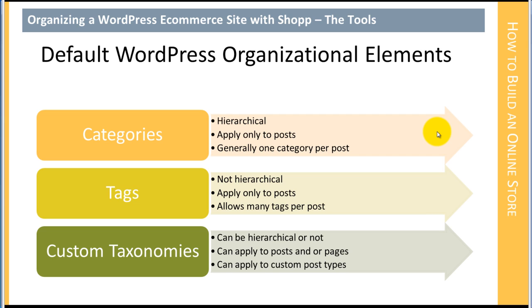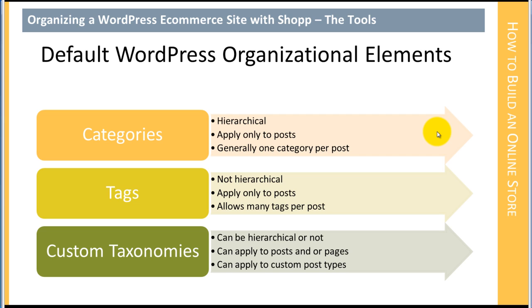And generally speaking, you assign only one category to a post. Theoretically, you can assign more, but WordPress doesn't necessarily return the result that you expect when you assign more than one category to a post. So generally speaking, a post gets a single category.